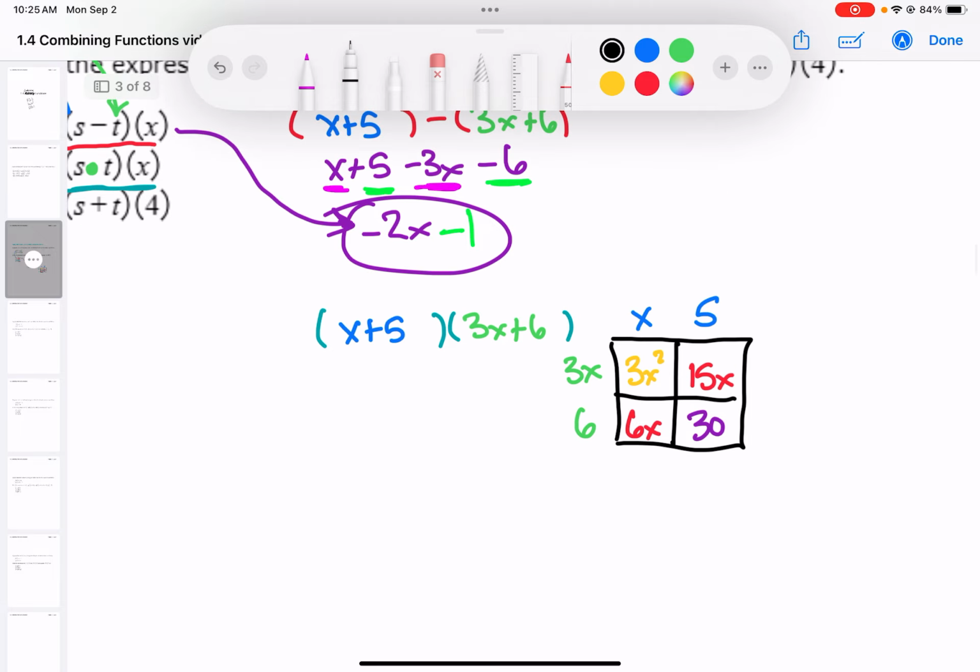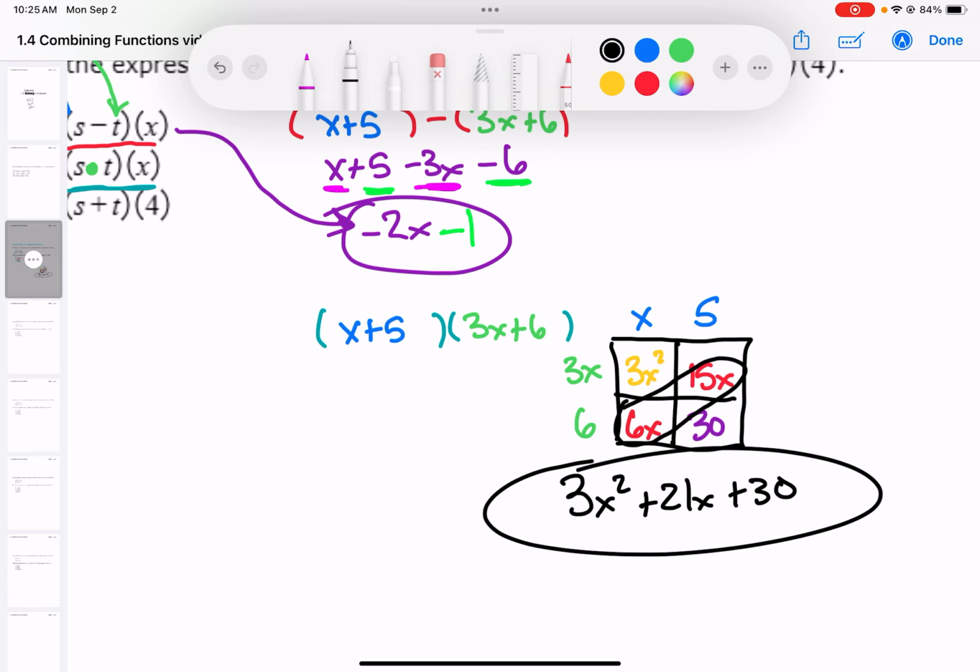So I'm going to combine like terms. That's going to give me 3x squared. These two are similar terms, so that's a plus 21x. And then the last is the plus 30. So s times t of x is equal to 3x squared plus 21x plus 30.